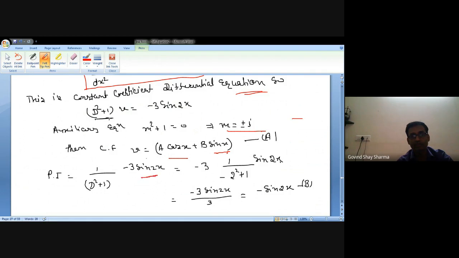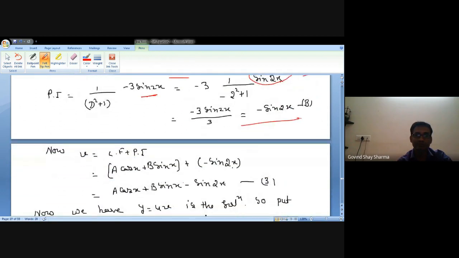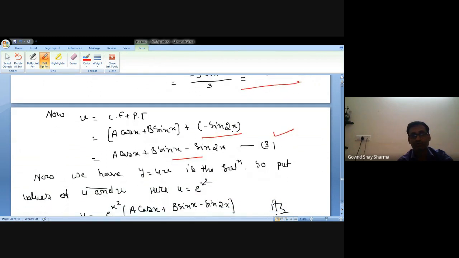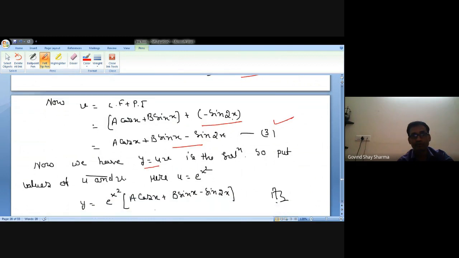Now the PI for sin alpha x, with alpha equal to 2, we put d square as minus alpha square. This is the complete solution of v: CF plus PI, so a cos x plus b sin x minus sin 2x. The complete solution of the given differential equation is u times v, where u is e to the power x square.